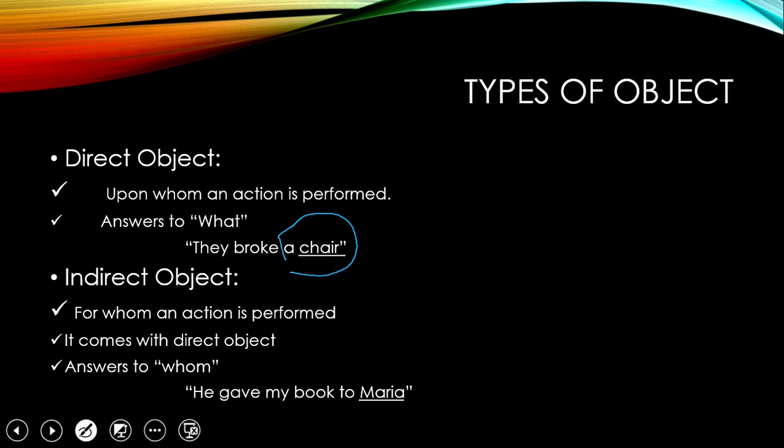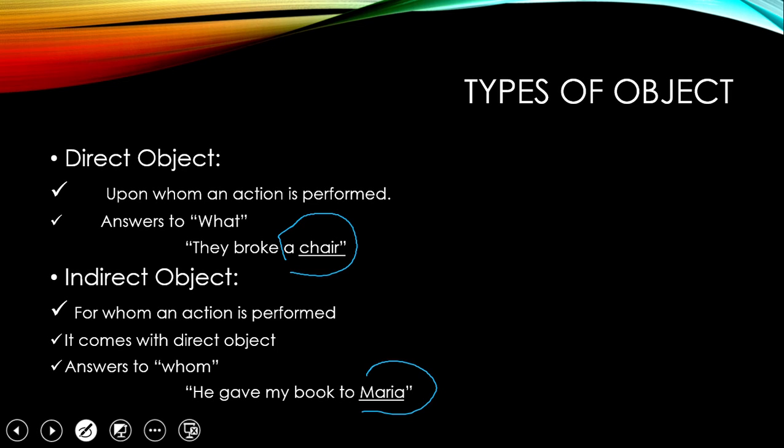And indirect object is the one for whom an action is performed. For example, if I say that he gave my book to Maria, then Maria, because for her the action of giving book was performed, it would be indirect object. And do remember that it comes with direct object.